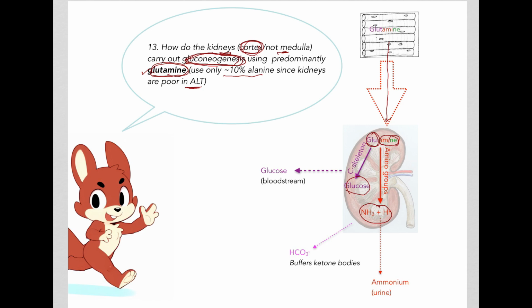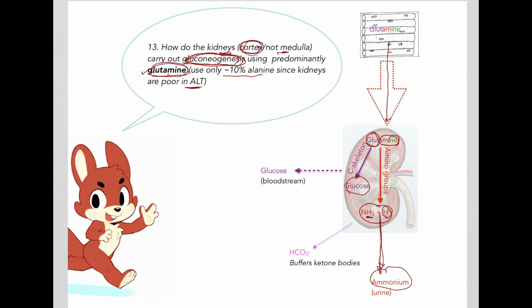But now the kidneys can excrete this ammonia together with acid, with H+. We'll see that this ammonia and H+ can come out into the urine as ammonium. It doesn't have to be converted to urea, because it's safe to get rid of this ammonia out as urine. It's not going into the bloodstream like urea is.